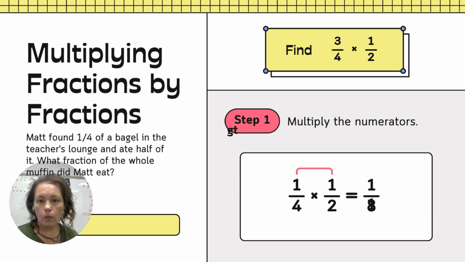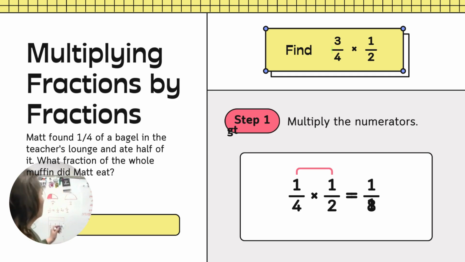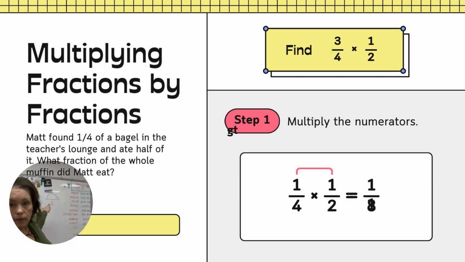So what's our goal? To be able to draw fractions. So if I have over here 1/2 of a bagel, and we know Mr. Begon's picked it up and he ate 1/2 of my 1/2, which would be a quarter. Would it be a quarter? Well, let's take a look.